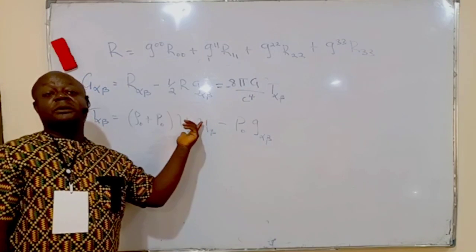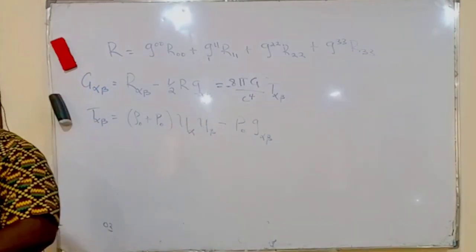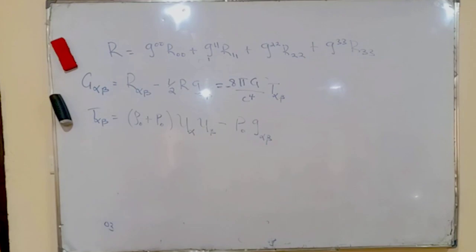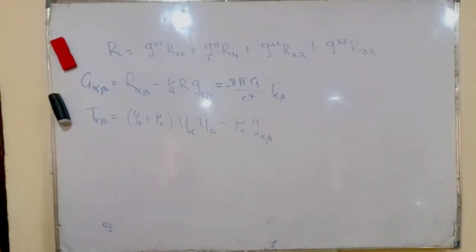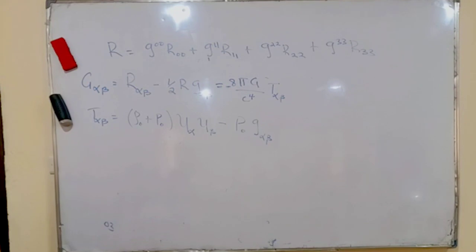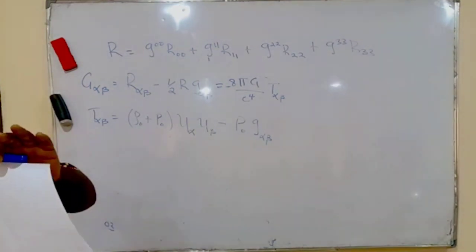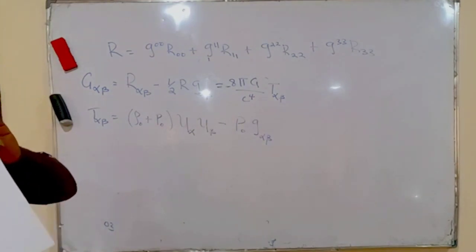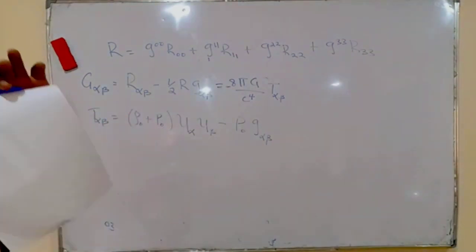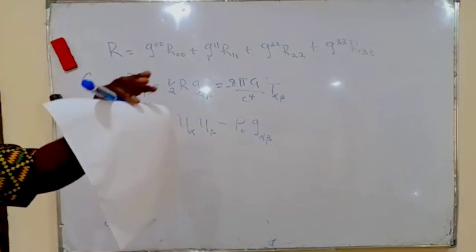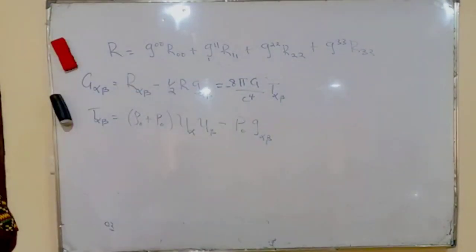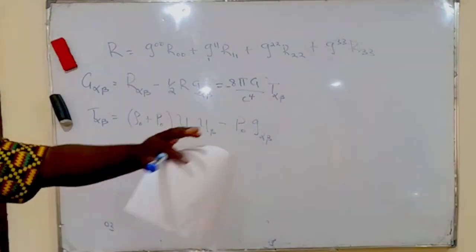Since your metric is in polar coordinates, you can decide to have a velocity only in the radial direction. You assume that your star is irradiating matter in all directions radially, like a shooting star.